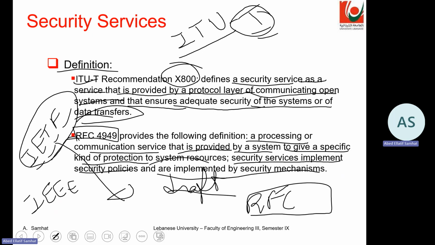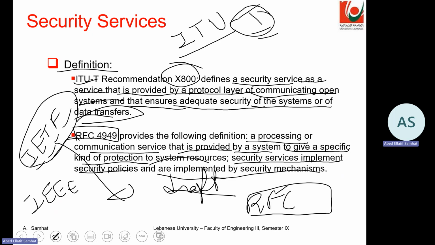So for the IETF, a security service is a way to give protection for a system or for the data. And in order to do that, you should use some security mechanism according to a predefined security policy. So you have a security policy, and in order to provide this security service under this policy, you need to have a security mechanism.